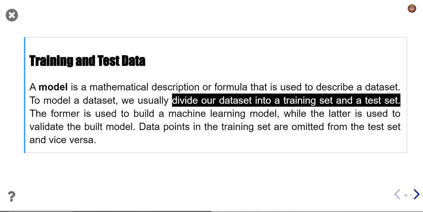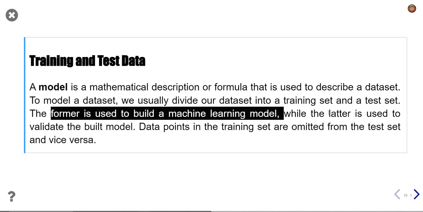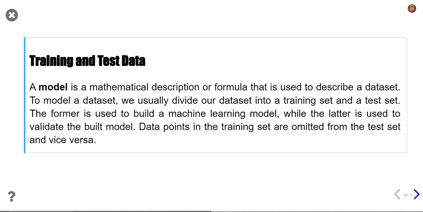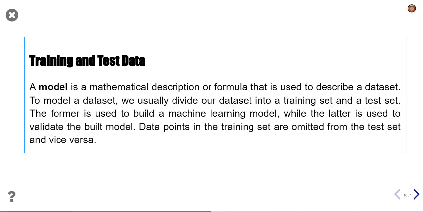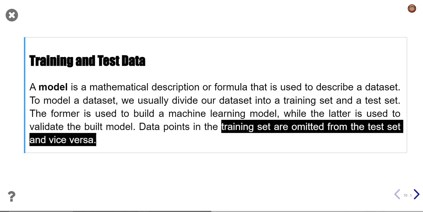So the training set is used to build the machine learning model, while the latter, the test set, is to validate the built model. Data points in the training set are omitted from the test set and vice versa, which means they don't use the same data in both. Training set is just training set, test set is test set. Are you all okay? Any questions up to this point?